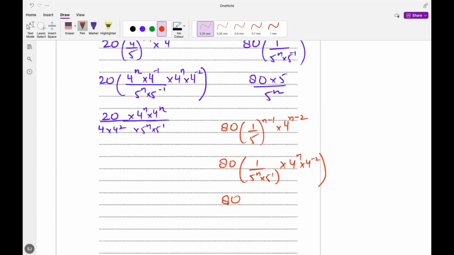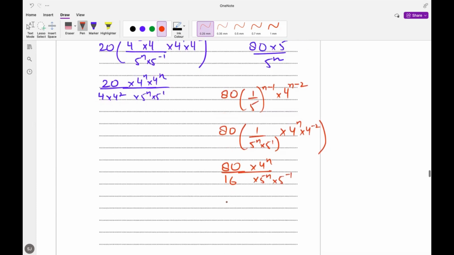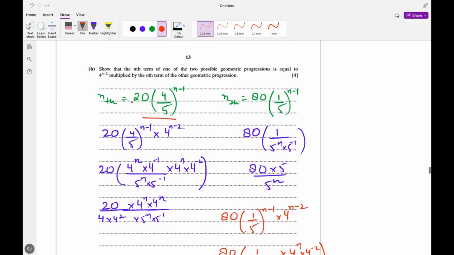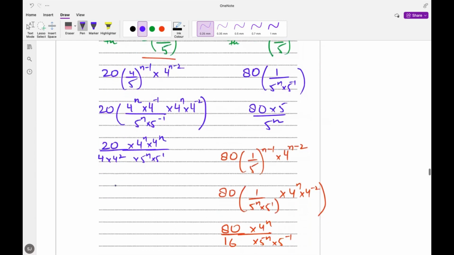This will become 80 upon 16. And we can leave 4^n and 5^n into 5^(-1) as it is. As 80 upon 16 is 5, this will be 5 into 4^n upon 5^n into 5^(-1). Now the nth term where a was 20 and r was 4 upon 5.